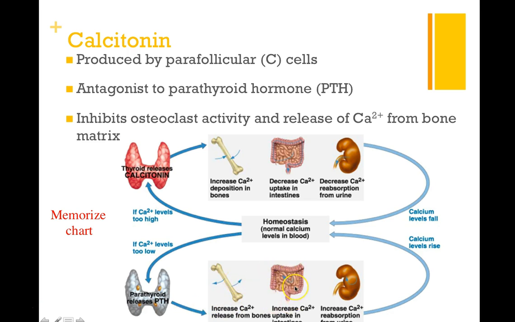Within our intestines, we are going to increase the uptake or reabsorption into our circulation. And in our kidneys, we will do the same: increase calcium reabsorption from the tubules back into our bloodstream. And that will cause the calcium levels to rise and go back to homeostasis.